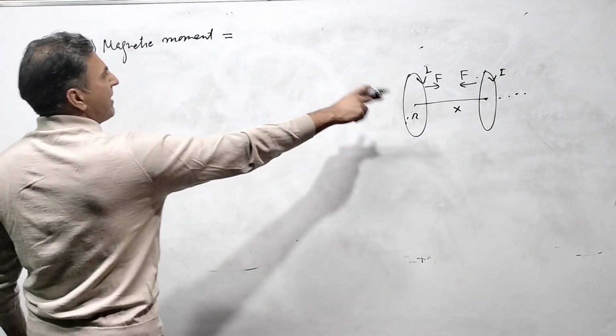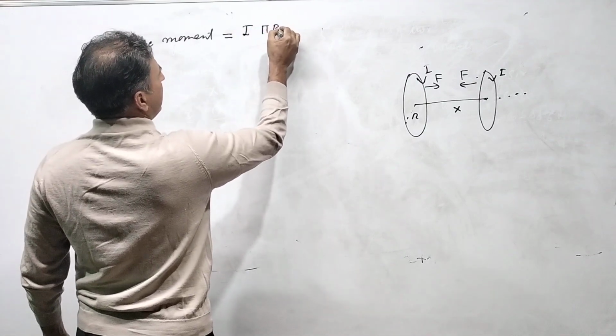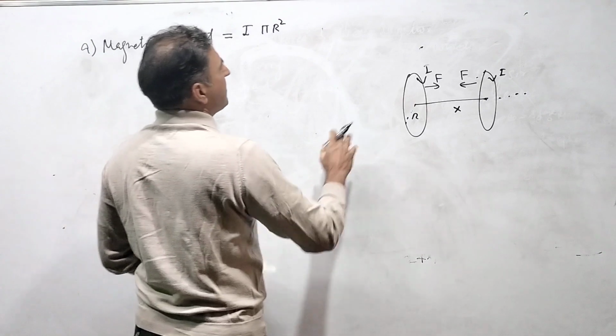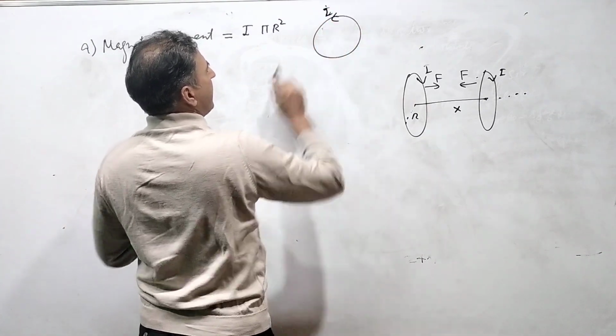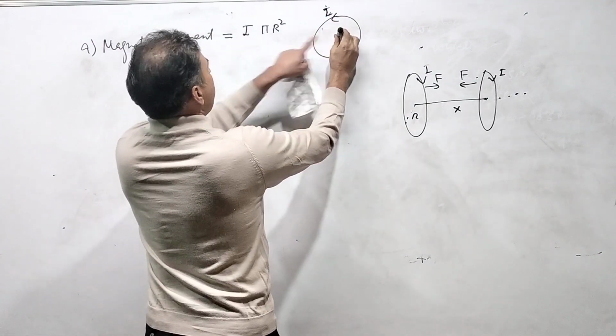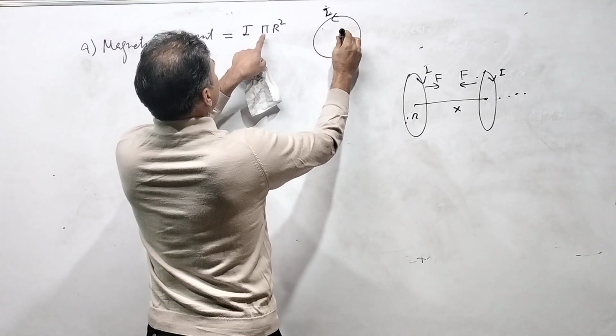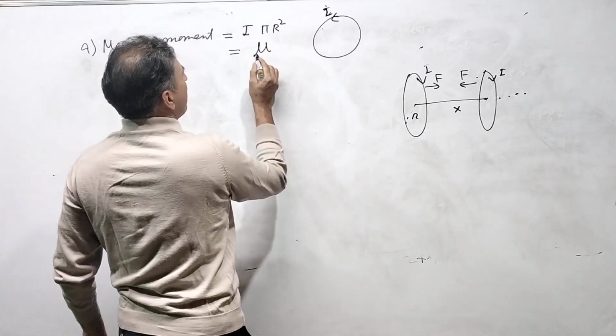Magnetic moment of a coil carrying current is current into area of the coil, that is pi r square. Its direction, if the current carrying coil is like this, I is carrying current, the magnetic moment direction is this, in this direction. But the magnitude is I pi r square, and we can denote it by mu, magnetic moment.